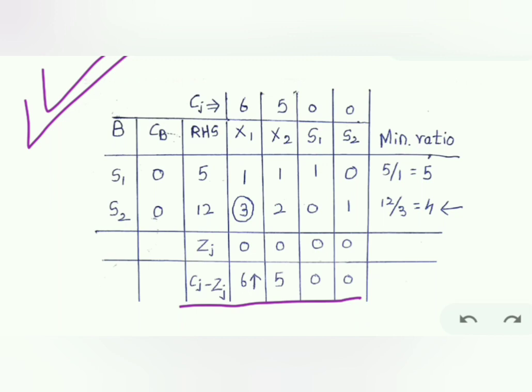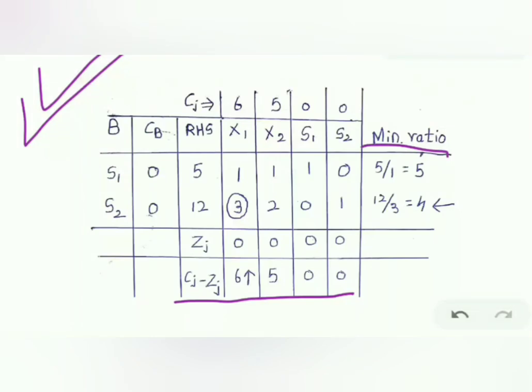But now what we need to find is the pivot row. So how to find it? Minimum ratio. This is the idea to find the pivot row. The minimum ratio is the ratio of RHS to the pivot column.